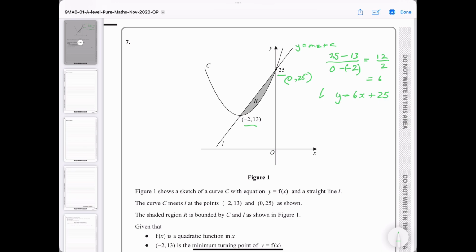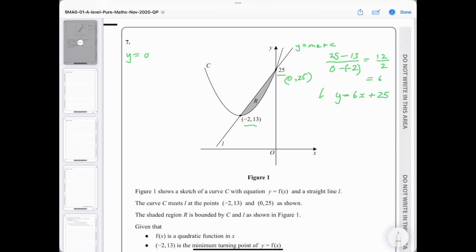Now, in order to find out what C is, I know I'm meant to write underneath, but it makes it very difficult to actually do this. We will see what we know. So we know that y equals, and we can use the turning point.